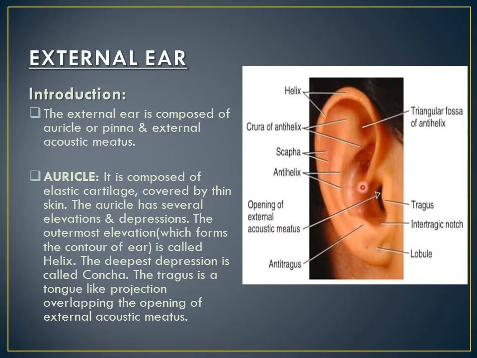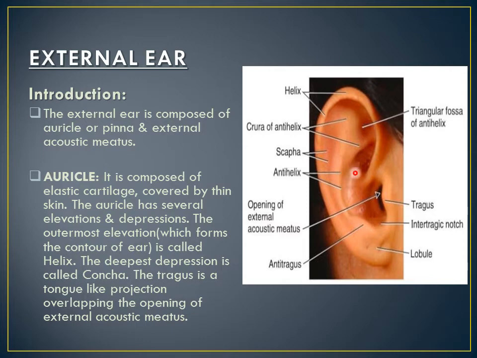So here you can see the different elevations and depressions of the auricle. The outermost elevation is called helix. Opposite to the helix there is antihelix. The depression between the helix and antihelix posteriorly is called scapha or scaphoid fossa, while the depression between the crura of the antihelix, or anteriorly and above the antihelix, is the triangular fossa.